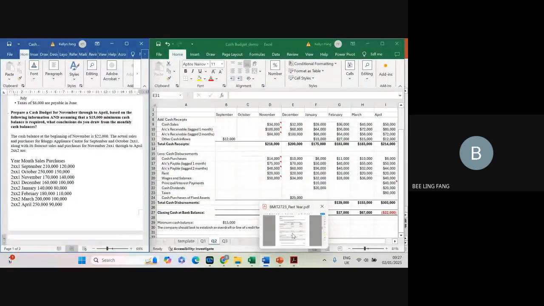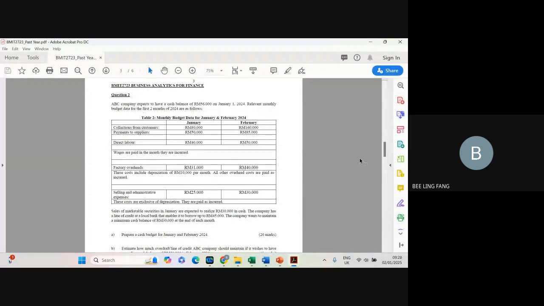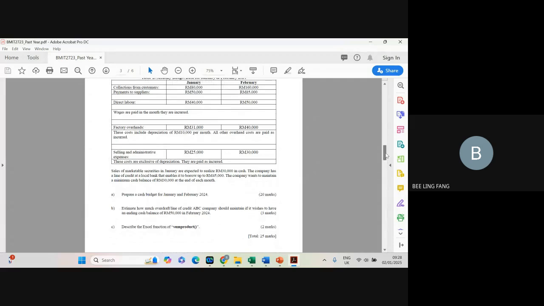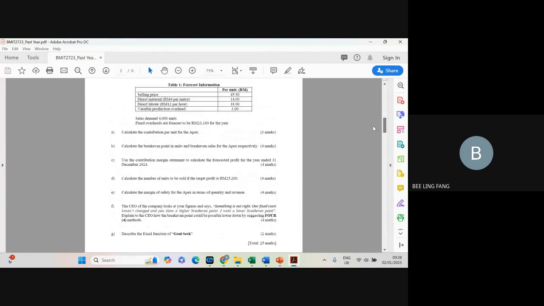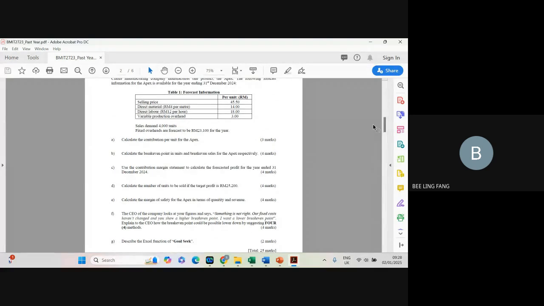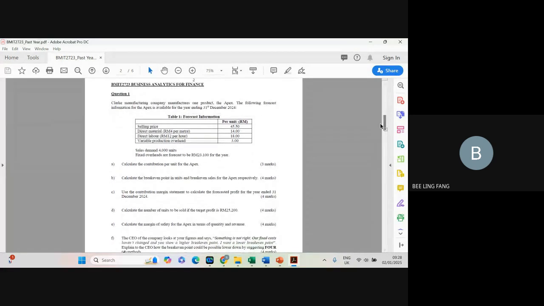Okay, let's look at your final exam. Okay, this part, question 2. Question 2, you can refer here. Okay, question 1, this one, actually, I see this question is not covered. We don't have the practical questions, right? Practical questions. Contribution per unit, break-even point.